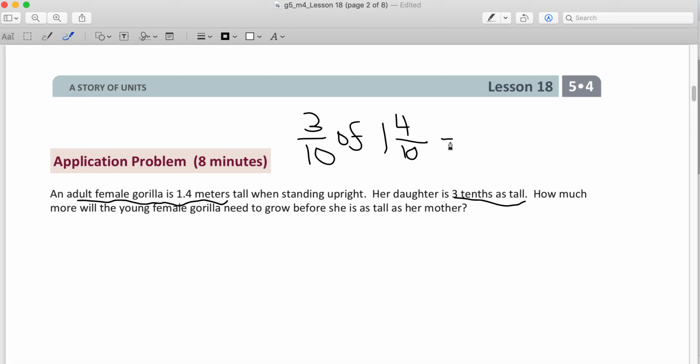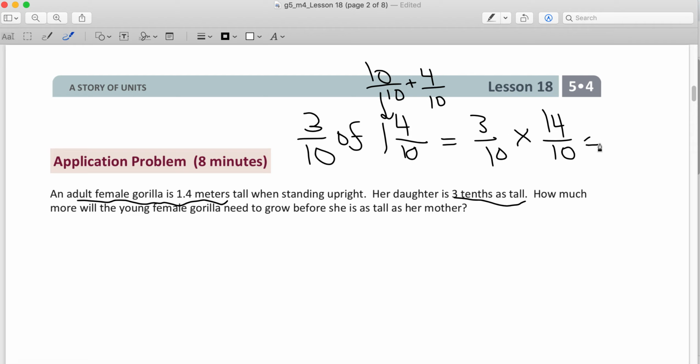Okay, so then that's going to be equal to what? 3/10 times, and are you okay with me writing this as 14/10? Remember that this 1 here, I can write as 10/10, plus your 4/10, which is going to give you your 14/10.